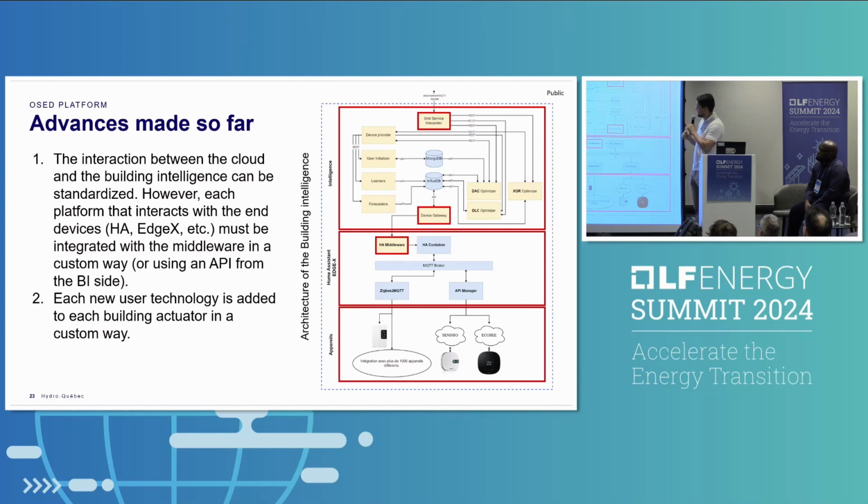This is the architecture of the edge. This is what we propose in the edge. This is the intelligence itself of the building, okay? This is the actuator or the controller that already exists in the building. And in the end, you have the devices themselves.